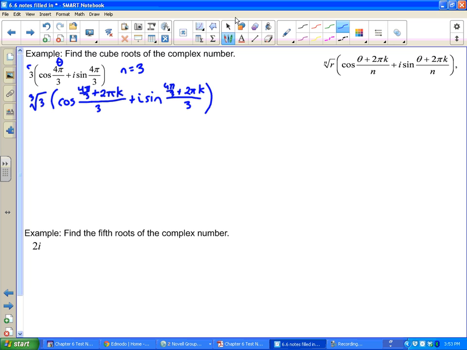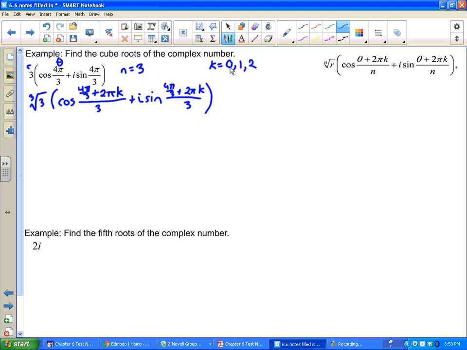Then what we're trying to do is plug in values of k from 0 until 1 less than n. So 0, 1, and 2 is what we're going to plug in, and that's going to give us 3 answers, because if I'm doing cube roots, I should get 3 different cube roots.